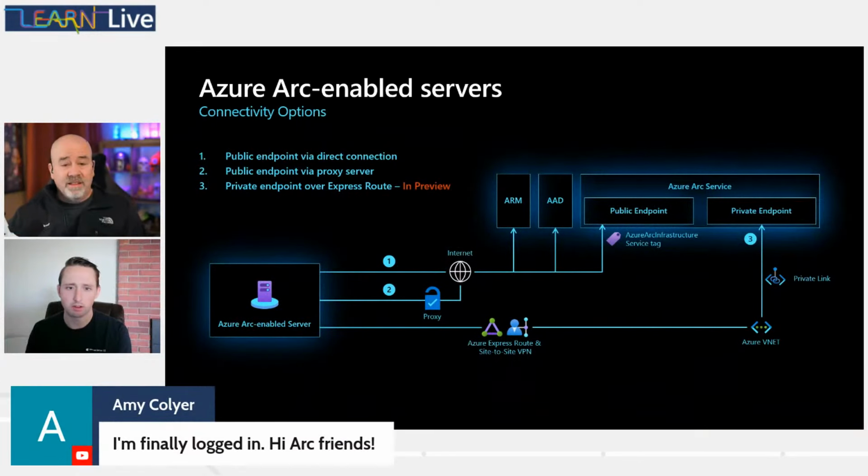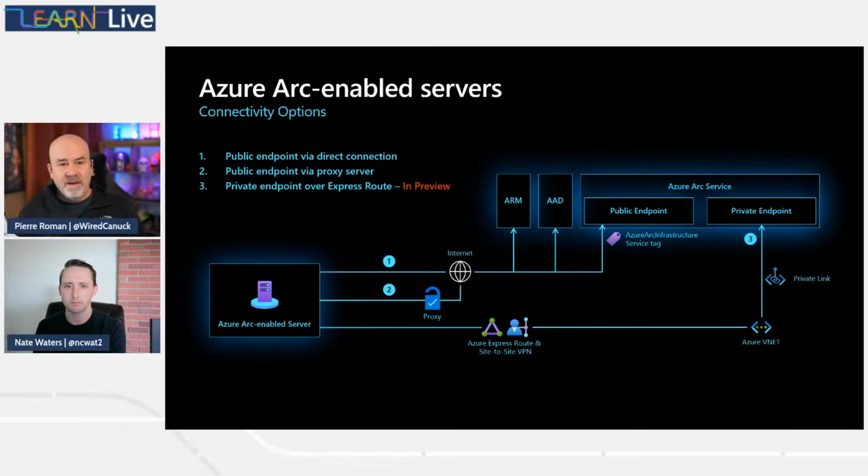Now, looking at connectivity options, when we did the demo, we went really quickly through that. But you really have three ways to connect your server to Azure. One is through a public endpoint via direct connection. That's basically from your machine straight out to the internet, connecting to an Azure endpoint, and Bob's your uncle, you're connected.